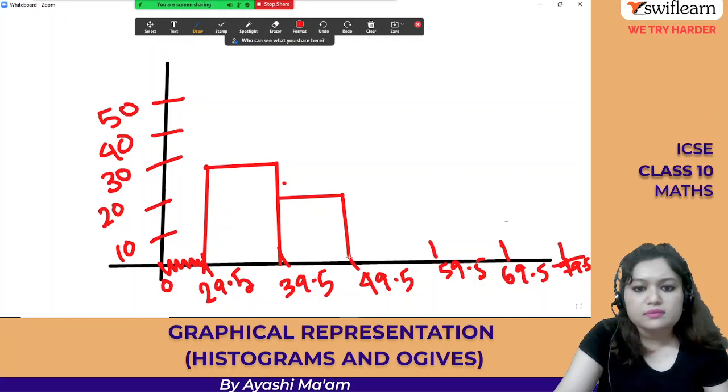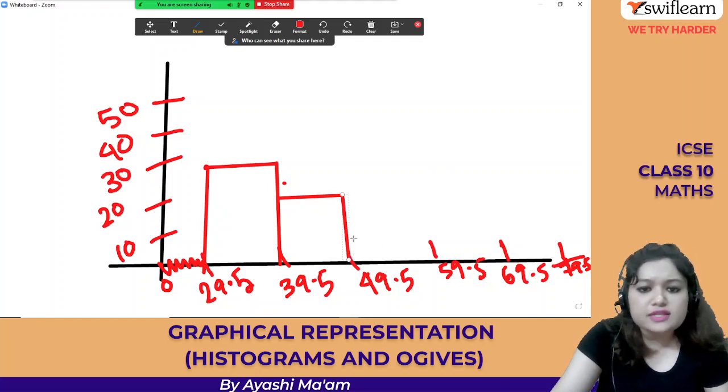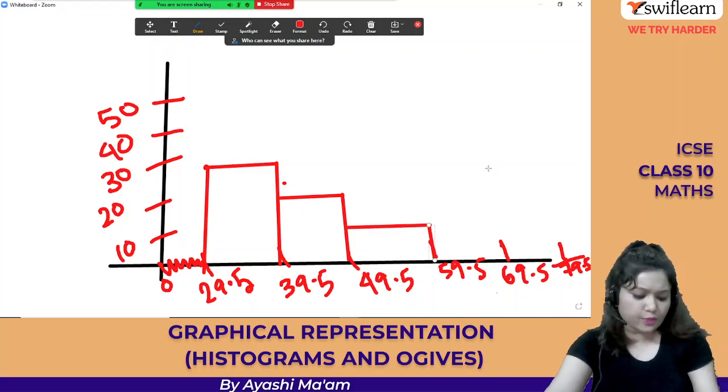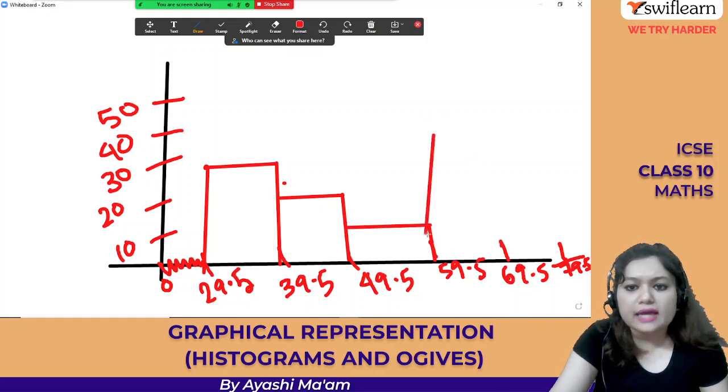49.5 to 59.5, frequency is 10. Here you have your 10, so this will be your rectangle. Just see, so easy. 59.5 to 69.5, frequency is 30. Here you have your 30, so draw the line like this, a straight line.